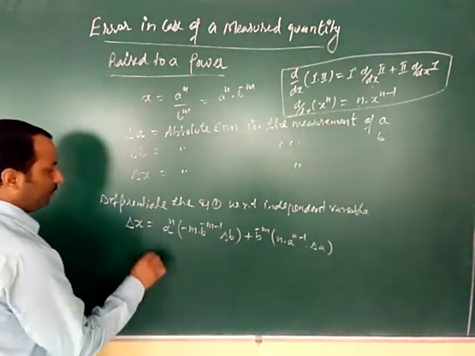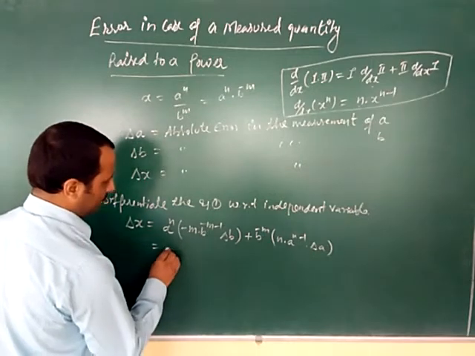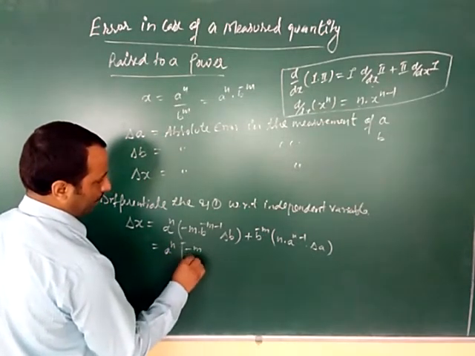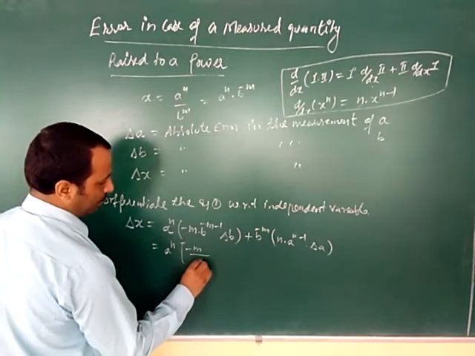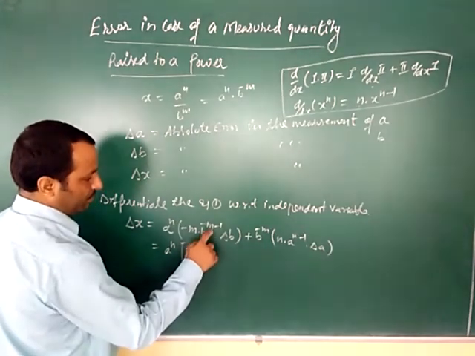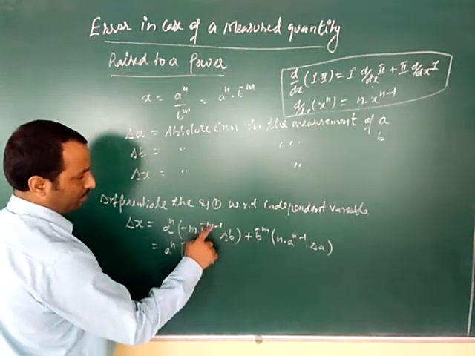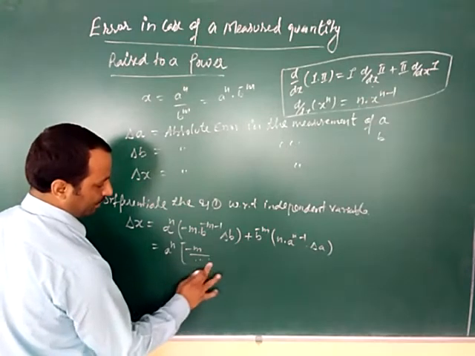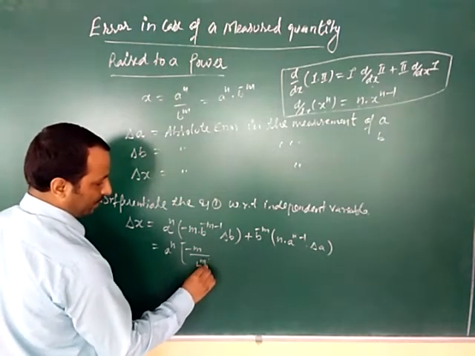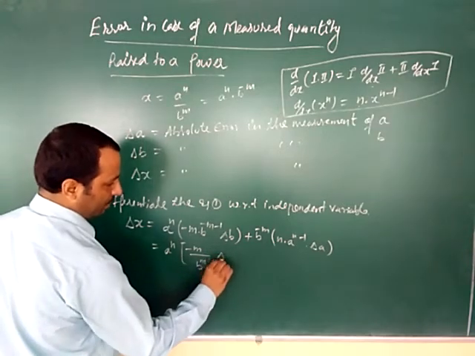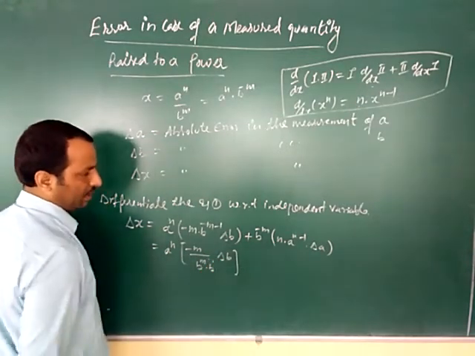Now can we write like this, a to the power n here, minus m upon b to the power m plus 1. When this comes in the denominator portion, the minus sign will become plus. And can this be written in this way, b to the power m into b to the power 1. So it can be written mathematically.